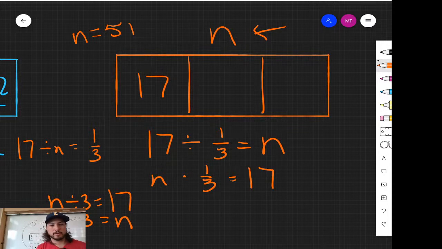We didn't need to know that for this exercise, but yes, we were able to figure it out. 17 times 3, or what divided by 3 equals 17, right? Or 17 divided by 1/3 equals 51. And 17 51sts is equivalent to 1/3. So this one does check out.